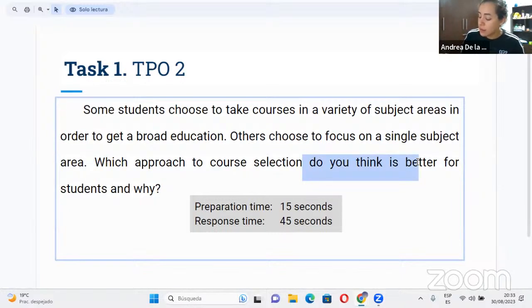Okay, that's one thing. Your reason was great, because this way students can get better grades as they dedicate their time to only one single subject area. Great reason, but don't forget to give an example. You were forgetting about the example, right? So tell me, for example, right now I am only taking classes that are related to my major.